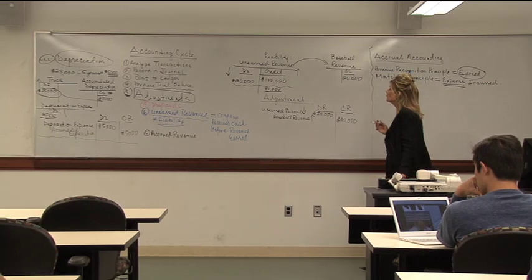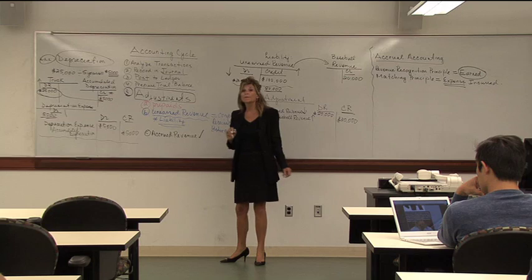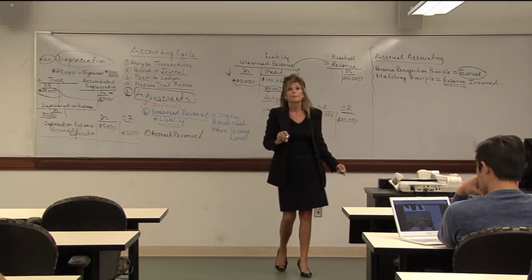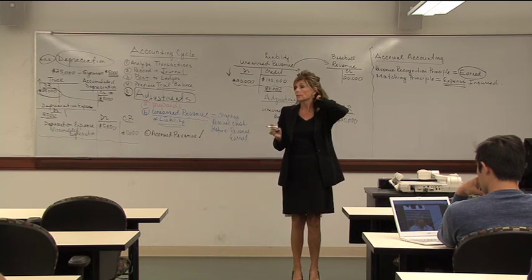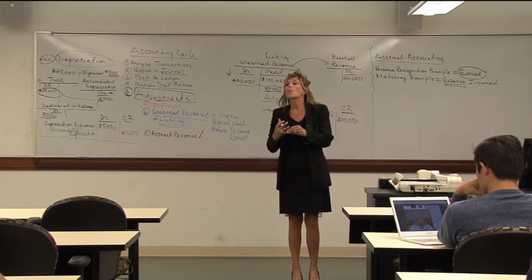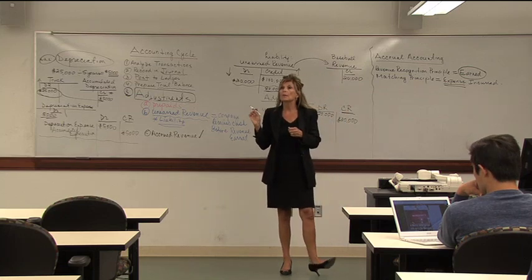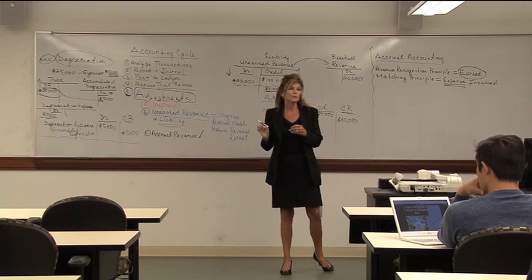And so we take a look, and every once in a while, we realize, oops, we forgot to record some revenue. Maybe it's because of the end of the month, maybe because we forgot to send out an invoice or a bill, whatever the scenario is. If we realize that there's been revenue earned that we have neglected to record, we need to do that.